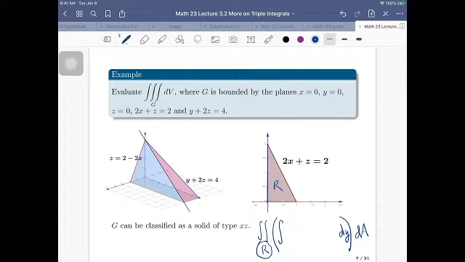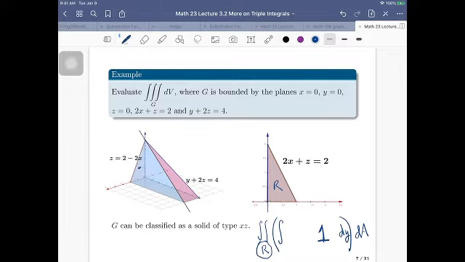The limit of the outer integral is still 1, it doesn't change. So what we need to find out now are the limits of integration of the innermost integral.